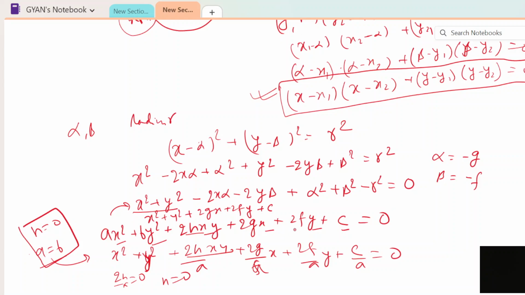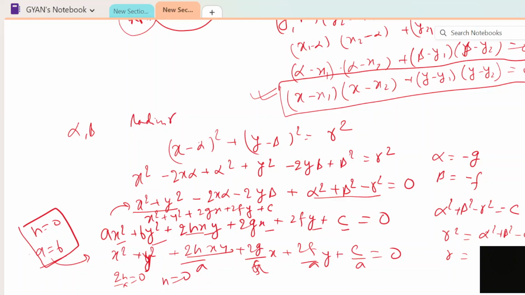And the constant term is alpha square plus beta square minus r square, which is equal to c. Then r square is equal to alpha square plus beta square minus c. So r is equal to root over alpha square plus beta square minus c.